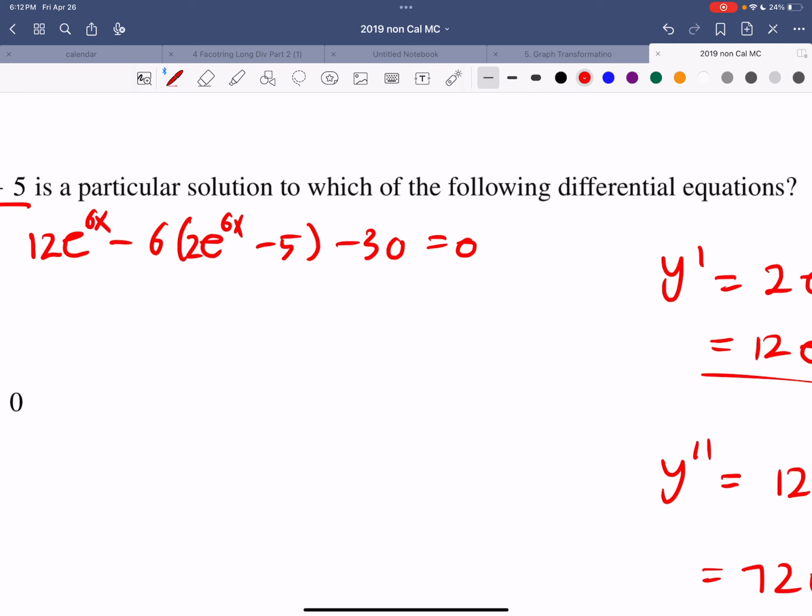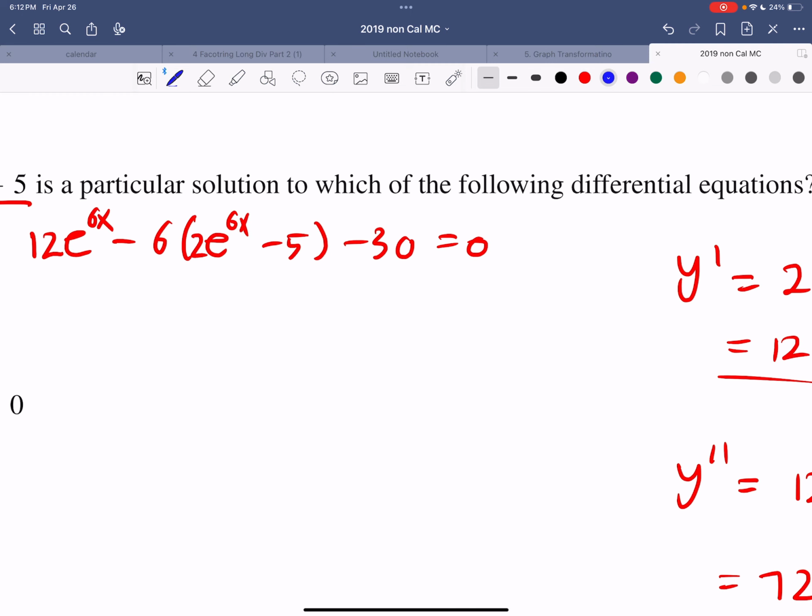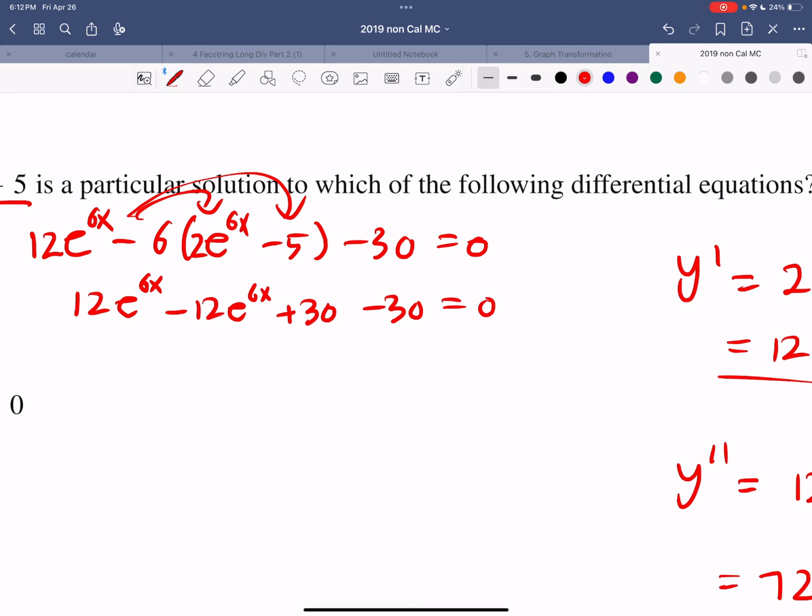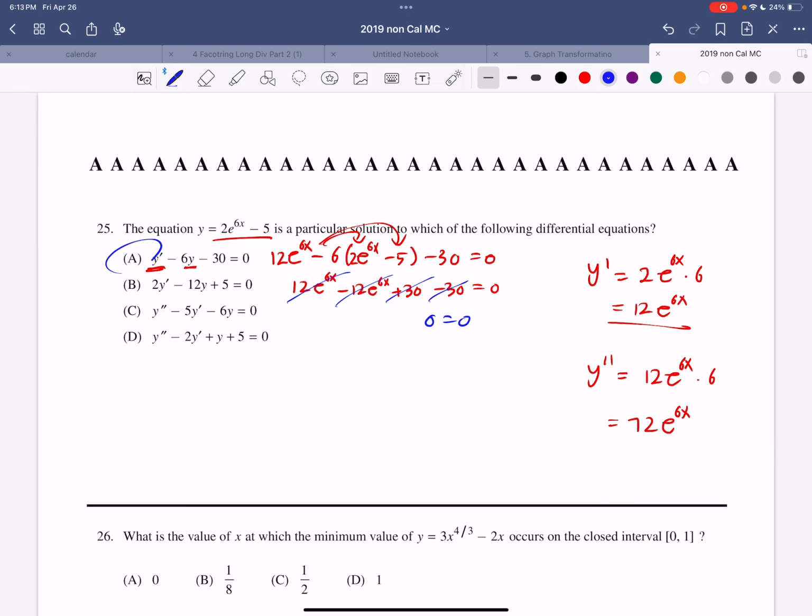Let's see if this is true. So this is 12e to the 6x. If I distribute it, -12e to the 6x, -6 and -5 is positive 30, minus 30 equals 0. These two cancel out, these two, oh, bingo. That's it, A.